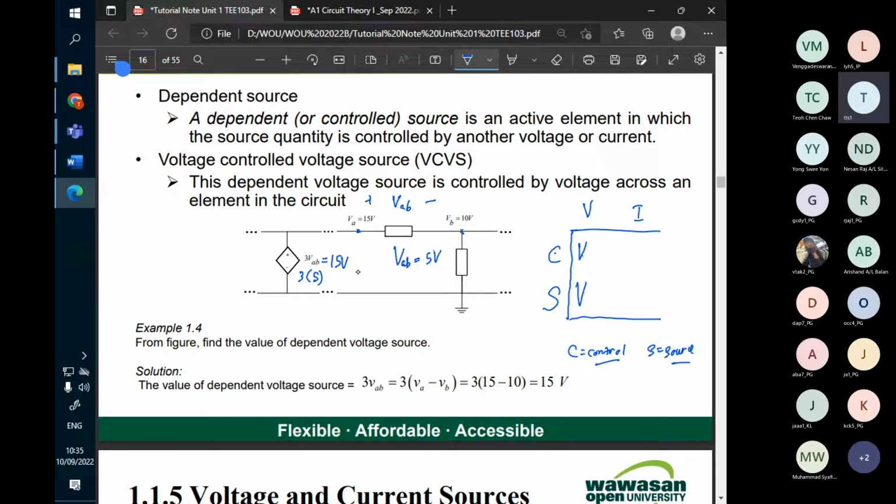What it means is this source controls the voltage here, controlled by these two voltage nodes. You can also say this voltage source is controlled by this voltage VAB. So you multiply 3 times the voltage here, then you get the voltage source. This is defined as the voltage control voltage source, the first possible combination.